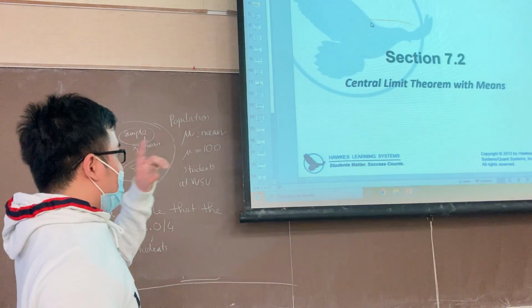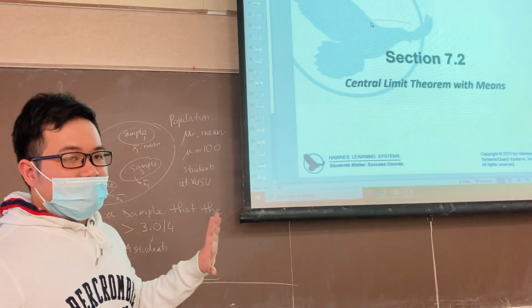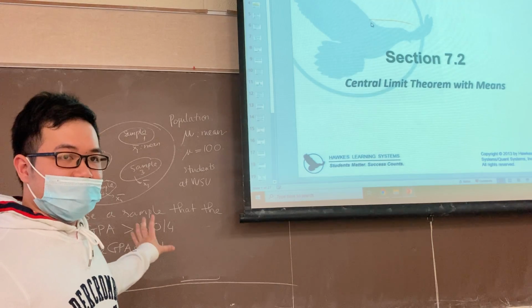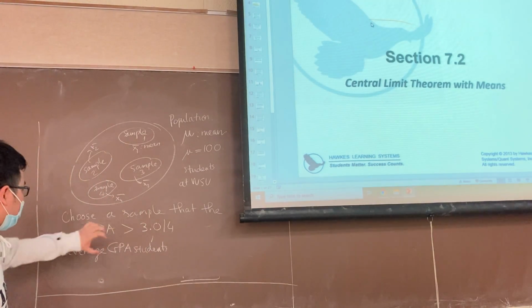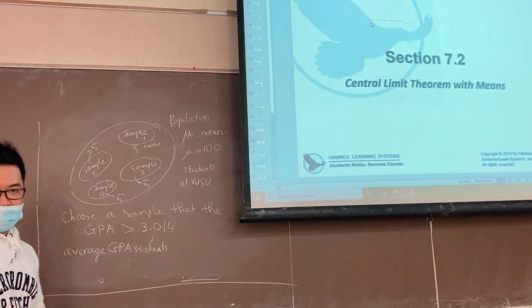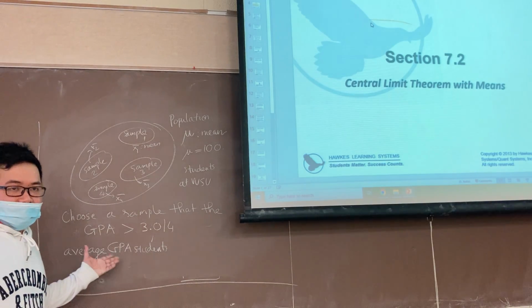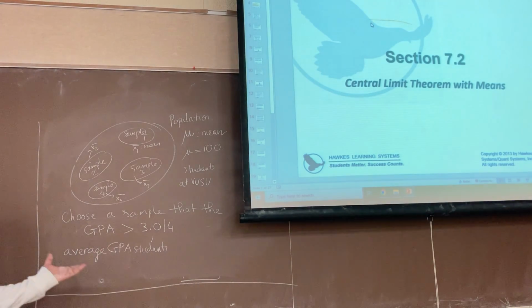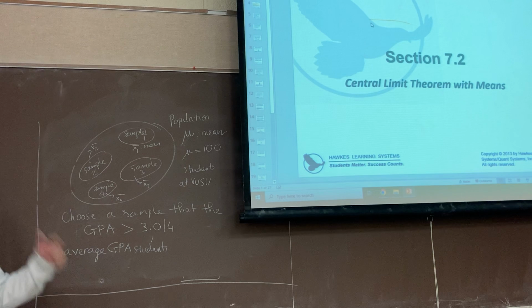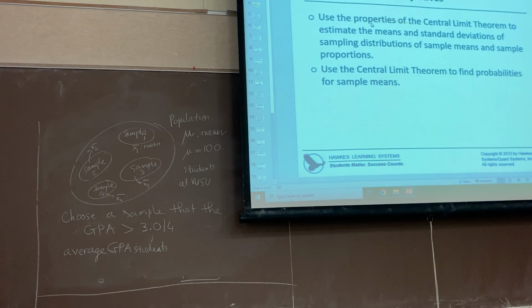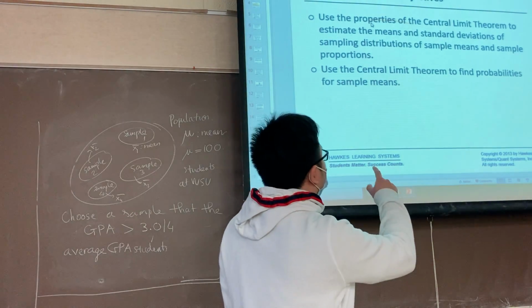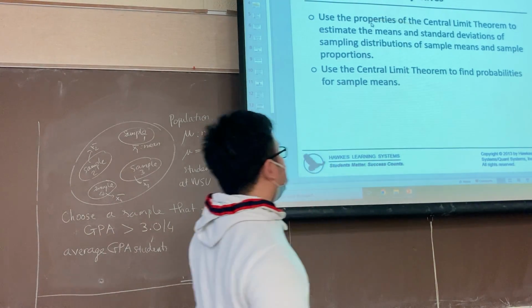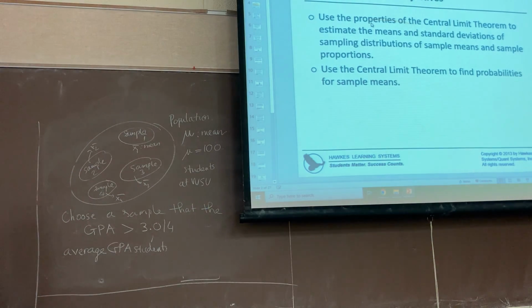In this section, we will answer this question: how to calculate the probability of choosing a sample like this. That's the introduction about this section. The objective here is to use the central limit theorem to find the probabilities of sample means.